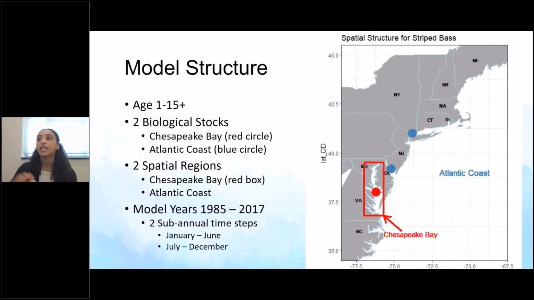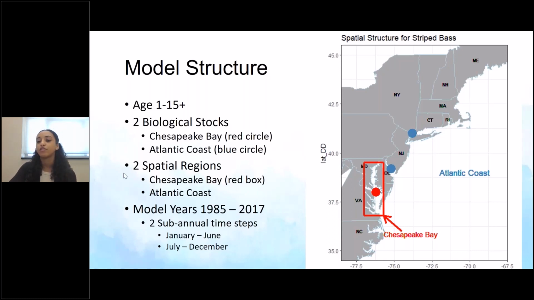Talking about the model overall and how it works: our model tracks ages 1 through 15, where 15 is a plus group. This model also considers 2 biological stocks for this population, which are shown in the circles on the graph to the right. The first is the Chesapeake Bay stock, and the second is what we're calling just an Atlantic coast stock, which includes the Delaware Bay and Hudson River populations.